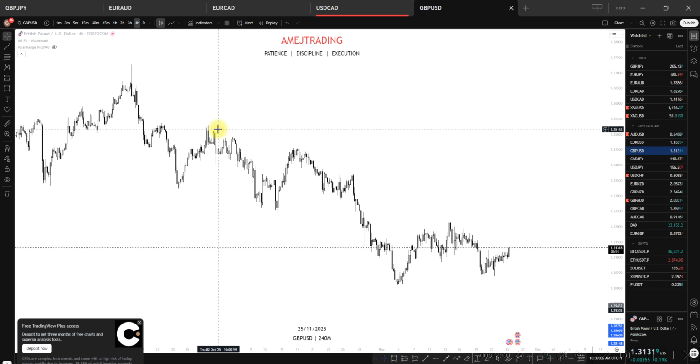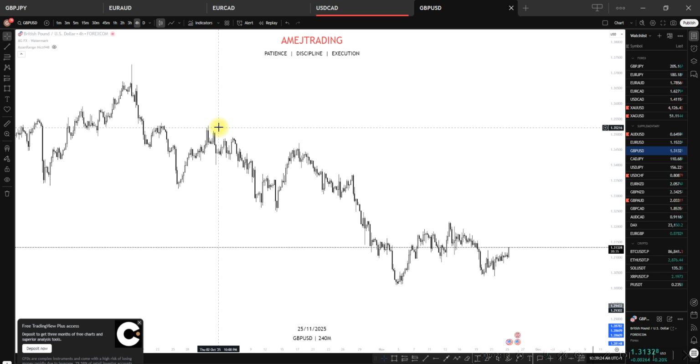To take a sell from resistance, you must confirm that the sellers here are going to push price downward. And for the support level, you must confirm that the buyers present there are ready to push price to the upside.